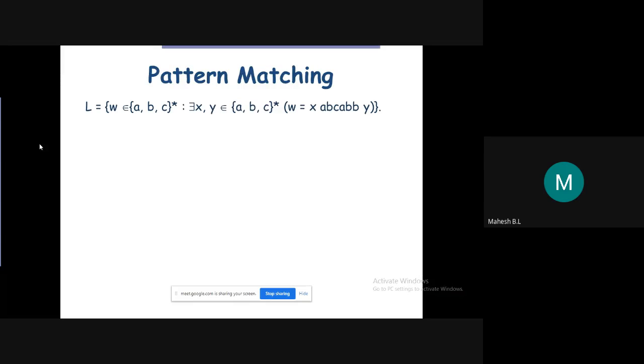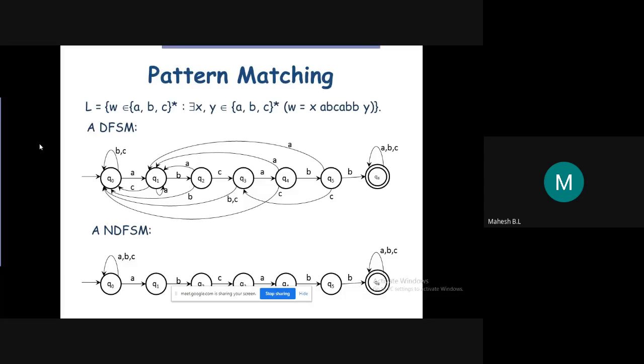In the last class, we were discussing non-deterministic finite state machines, NDFSM. Let's go through the example we discussed in the previous class. This is the NDFSM.